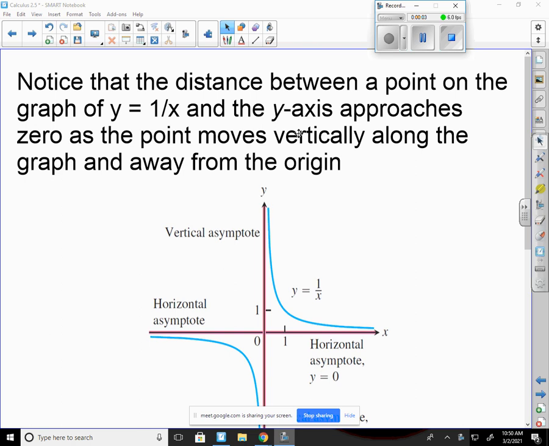Okay, so if we notice that the distance between a point on the graph of y equals 1 over x and the y-axis approaches 0 as the point moves vertically along the graph and away from the origin.